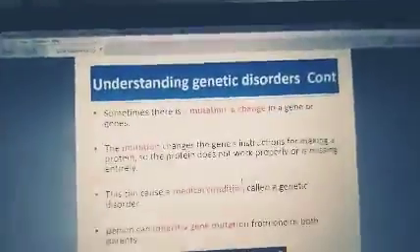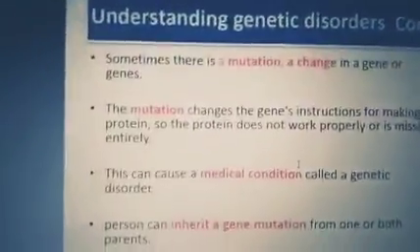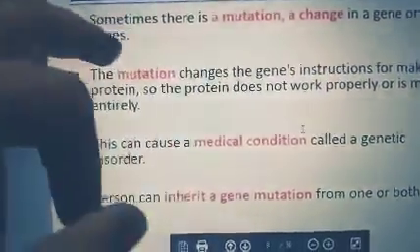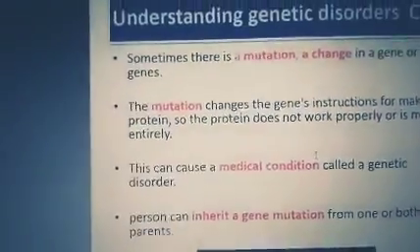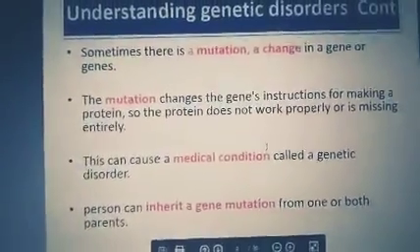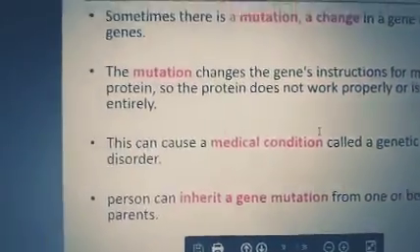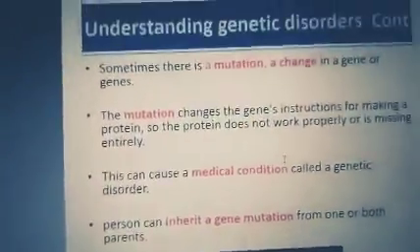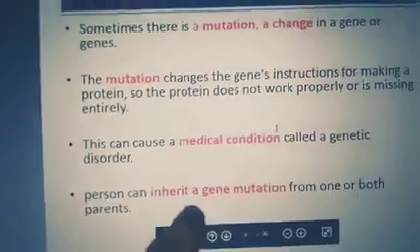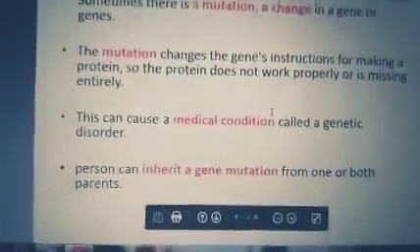A genetic disorder can be understood as a mutation which changes the gene or the gene structure, and that could lead to a medical condition which is called a genetic disorder. Usually, in the majority of cases, a person can inherit a gene mutation from one or both of the parents.